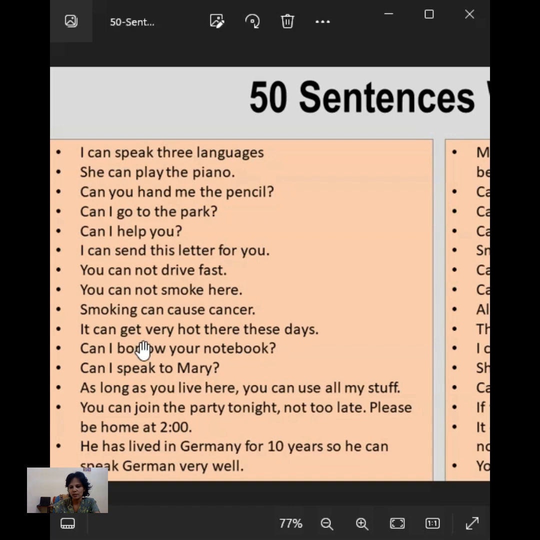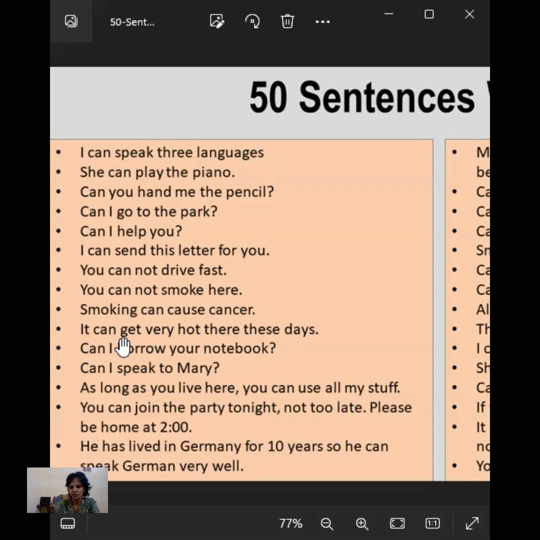And the next one, it can get very hot there these days. Chances of getting hot in that place, depending on what place this person is talking about specifically. That place may be hot even in the winter season, if it is very warm, and during summer they may feel even hotter.